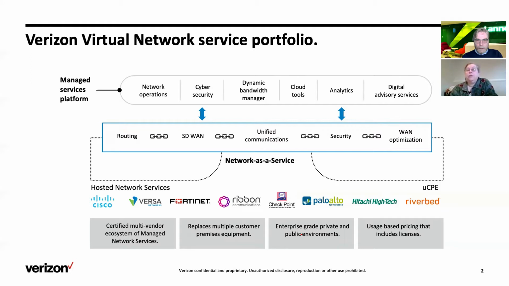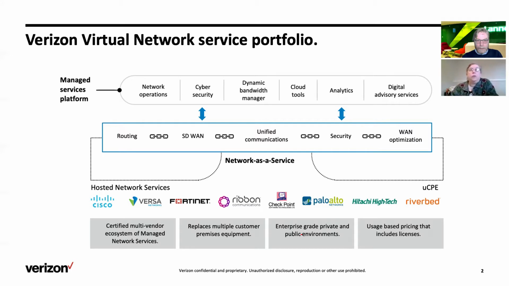But we also have unified communications, session border control, and WAN optimization. And these services can be deployed both on a hosted platform, but what we'll be talking about today is really on the universal CPE. And these are service chained together to deliver the services that customers need.